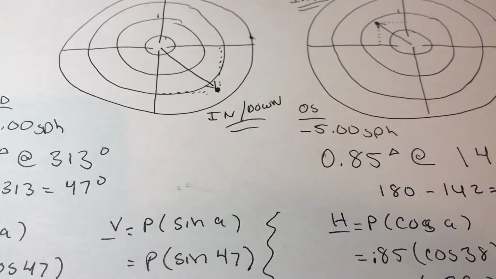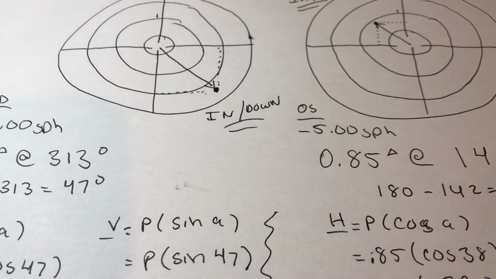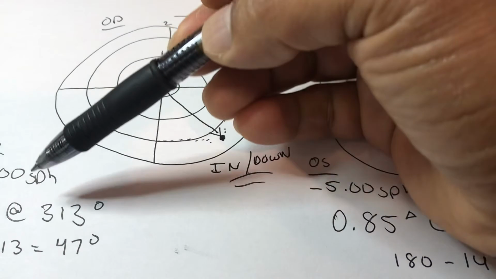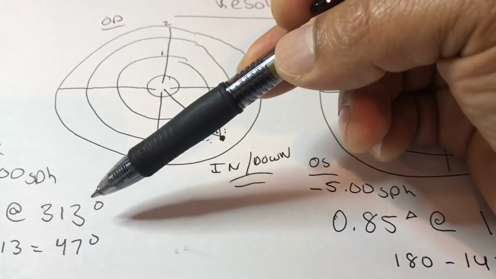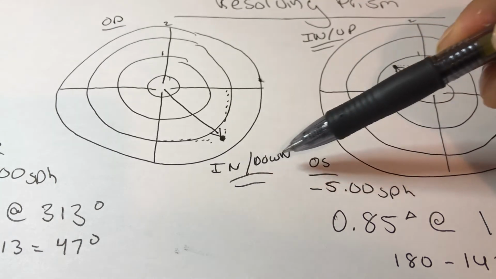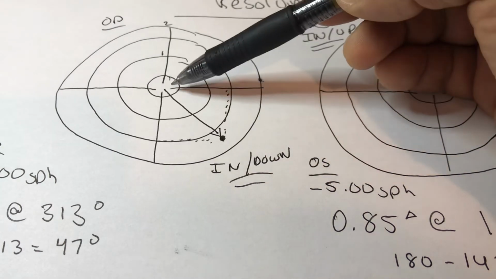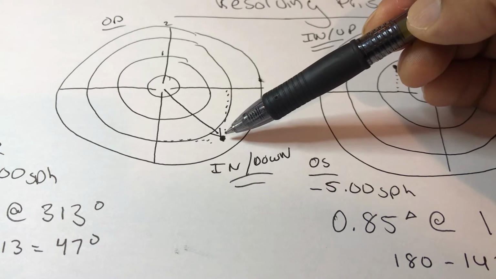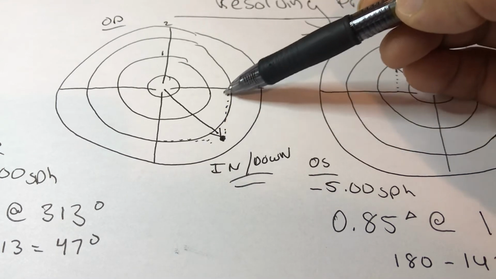So just in case you were confused, just quickly go through this. If you're good, you can stop the video. But if we had 1.75 at 313, 313 would be down in here. For a right eye that is in and down. If this was a half, 1.5, this would be about 1.75. This angle here is 47.